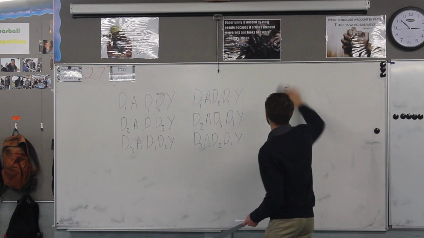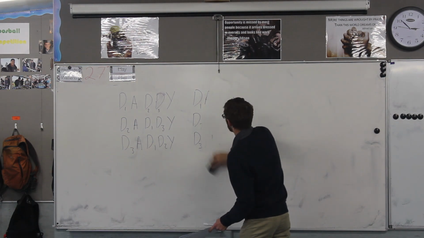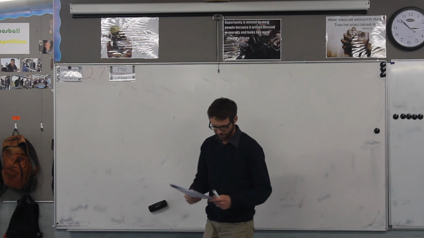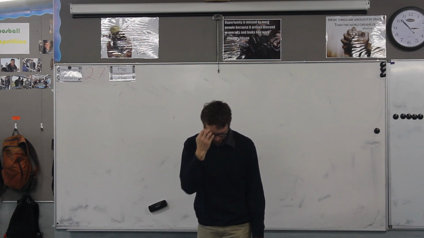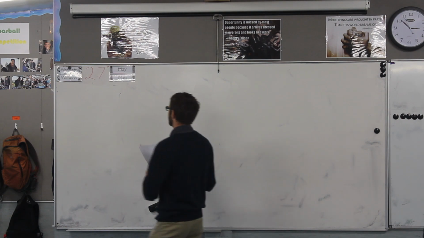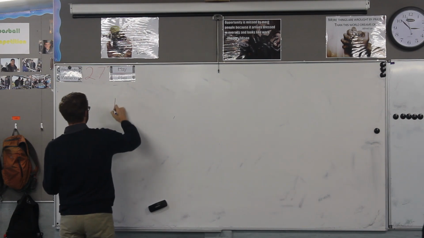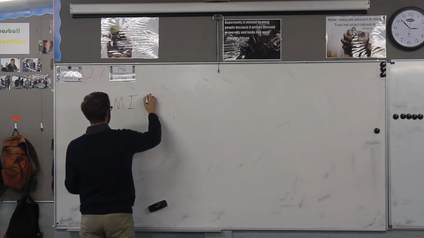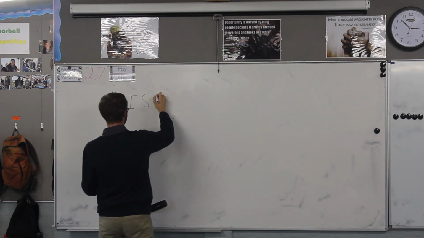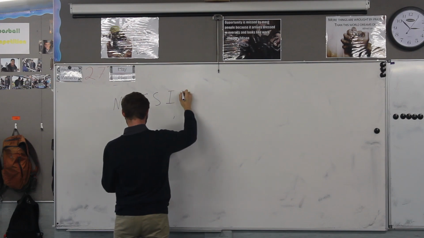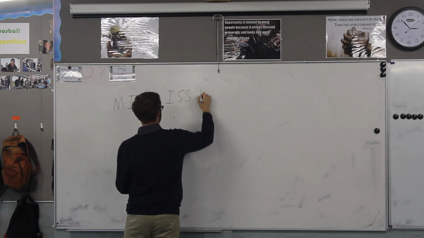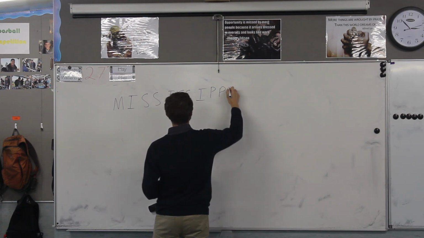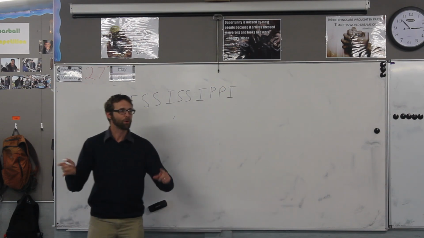So let's try a couple together and then I can leave you to try a few on your own. Let's try something like Mississippi. So I'm going to just look at my thing here because I can't spell. Miss I. Okay, now this looks a little bit more complex because what's more complex about this one?